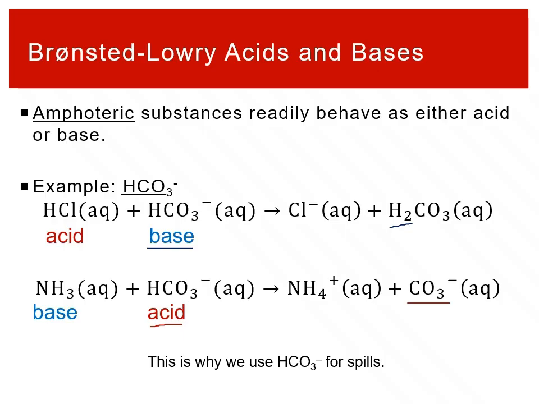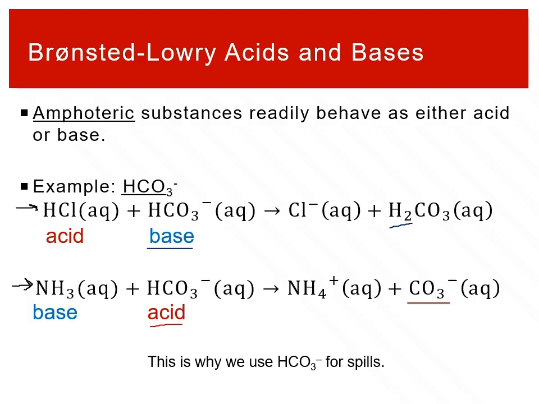So you may have noticed in the lab, if you ever look in, say, the fume hoods, or really any lab, not just here at Lee College, there is usually a large jug of sodium bicarbonate. That's actually why we use it for spills, because it is amphoteric. It can neutralize either dangerous acids or dangerous bases. It can react with those compounds and neutralize them to become something more benign, right?